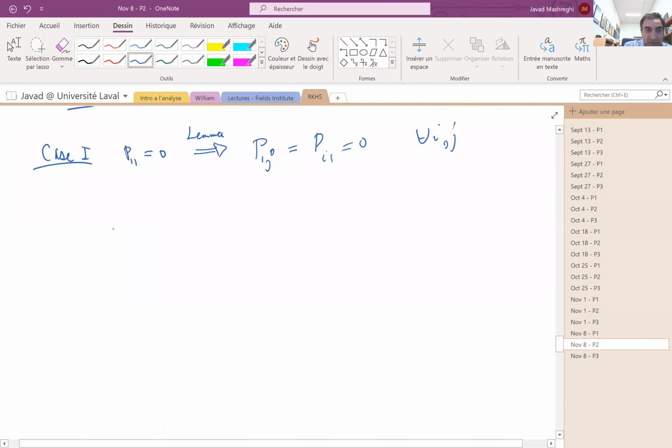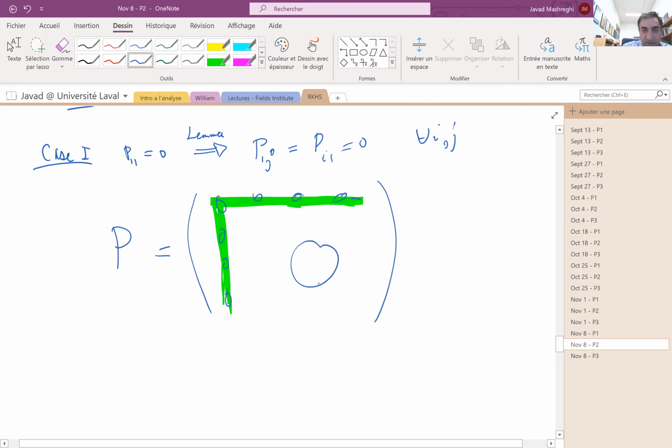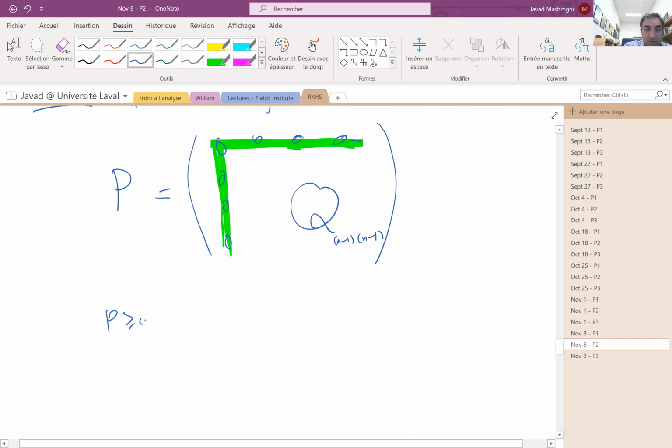In other words, our matrix P has this form. Everything here is equal to 0, and the remaining is a matrix Q, which is n minus 1 times n minus 1. P positive implies that Q is positive. The order of Q is n minus 1.